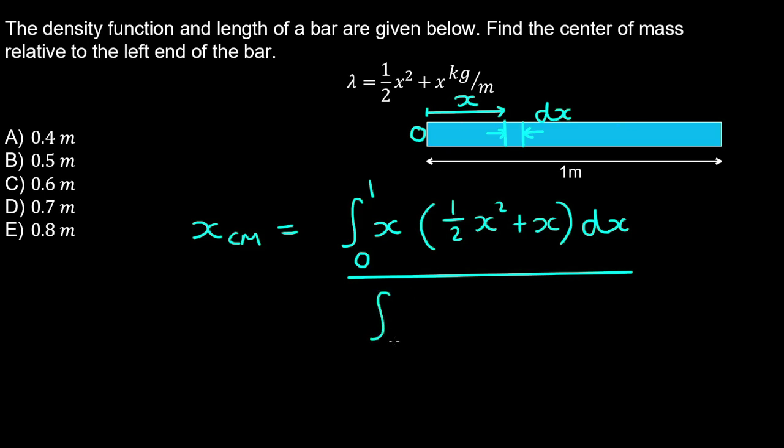So we have the integral from x equals 0 to 1 meter of the density function, which is 1/2 x squared plus x, integrated over x.